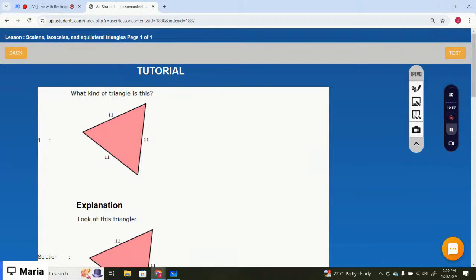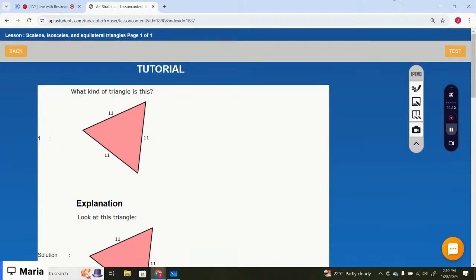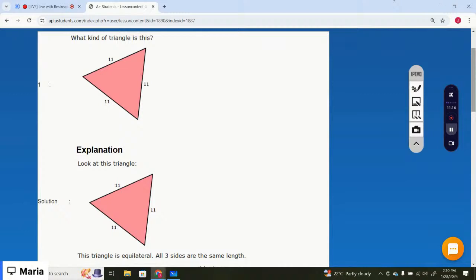What kind of triangle is this? Basically, scalene, isosceles and equilateral triangles are the classification of triangles according to the measure of the side lengths of the triangle, right? You can see here all the side lengths of the triangle are 11, right?